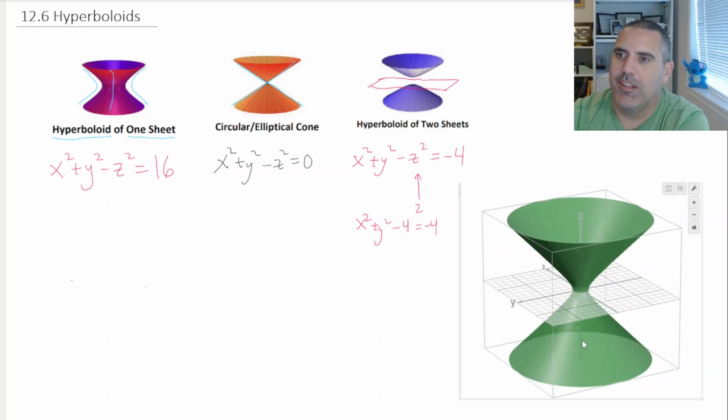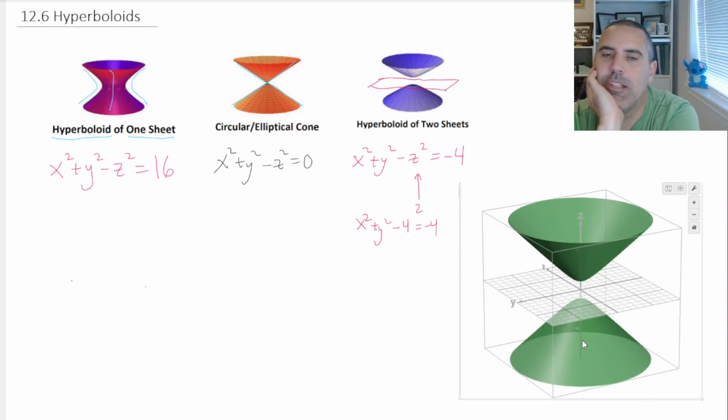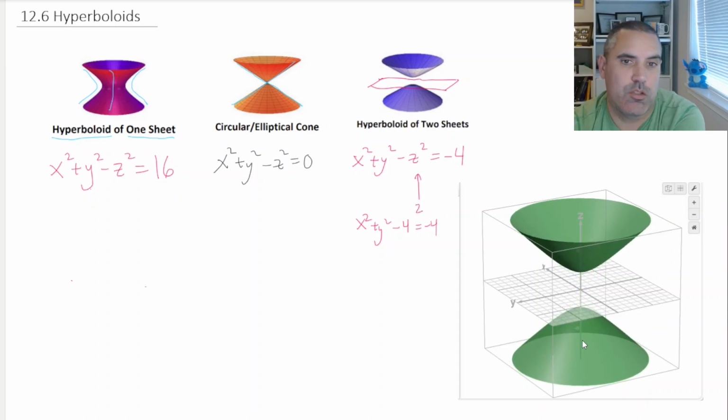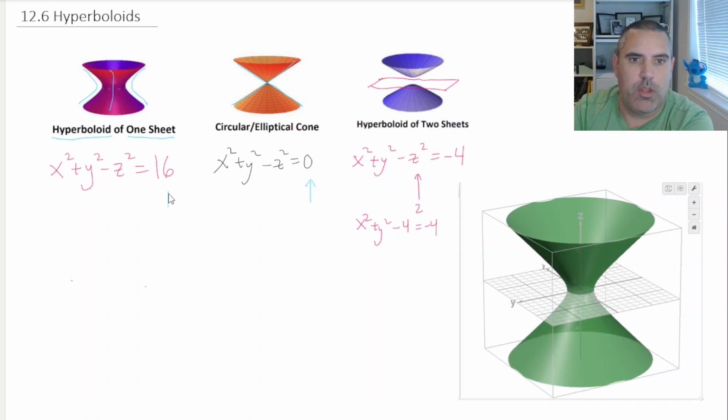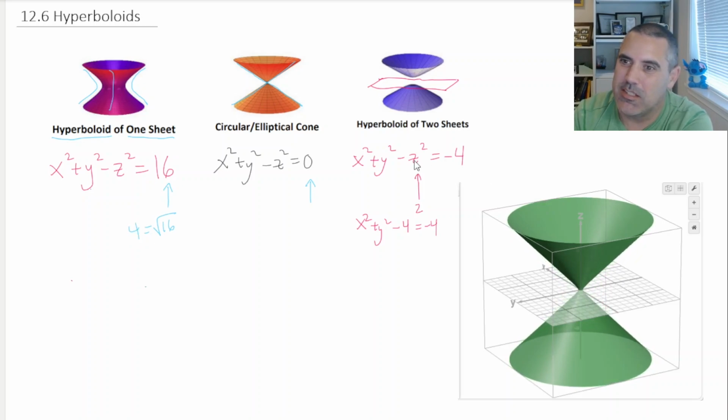It's pretty cool, I feel like. That transition from hyperboloid of 1 sheet to cone to hyperboloid of 2 sheets. It's just a question of what's the radius at the skinniest place. For a cone, the radius is 0. For the hyperboloid of 1 sheet, here the radius is 4. And for the hyperboloid of 2 sheets, the radius doesn't even make sense until z is 2.